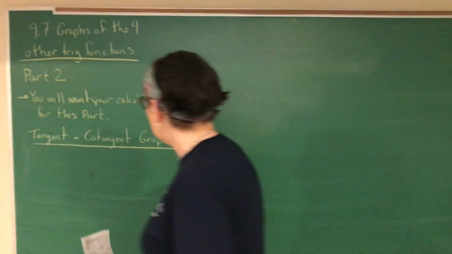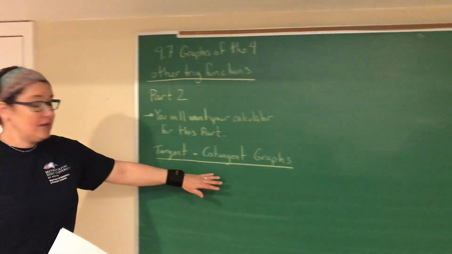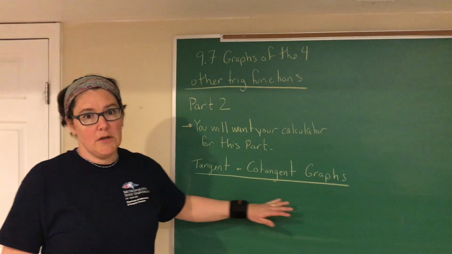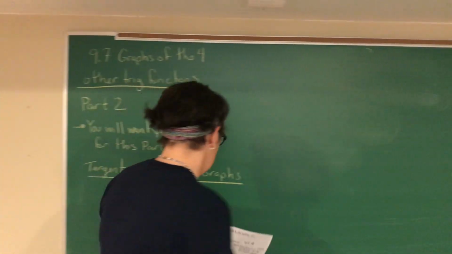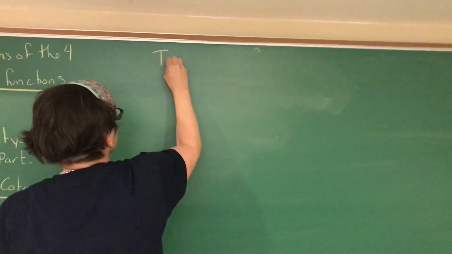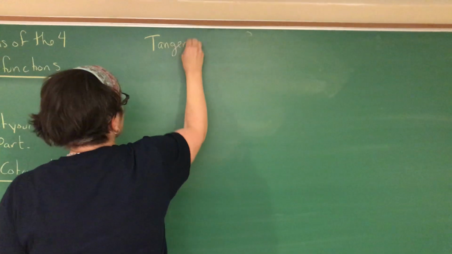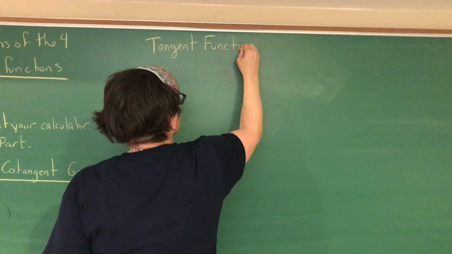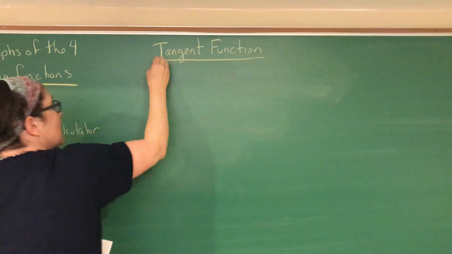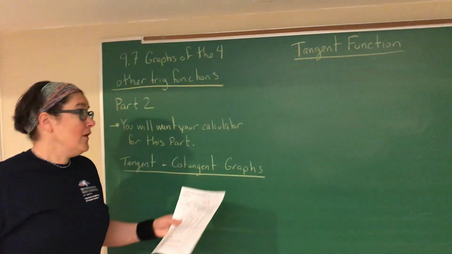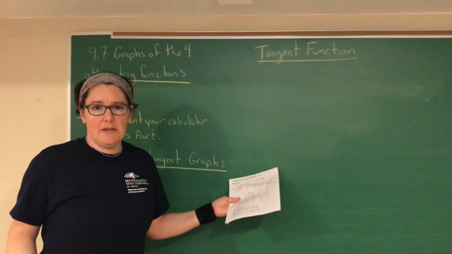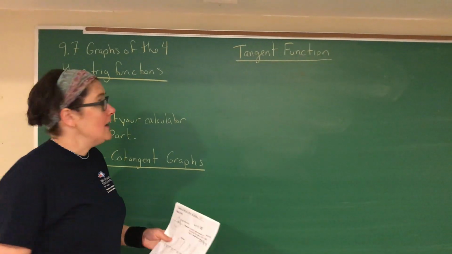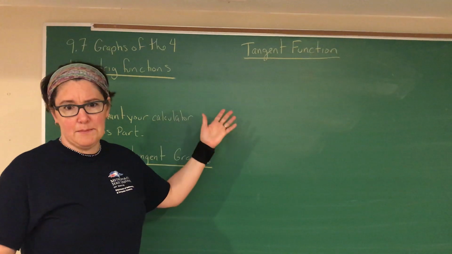Okay, so in this video, we're gonna talk about the tangent graph and the cotangent graph. So we'll start with the graph of the tangent function. Now, one thing you can do here is immediately go into your graphing calculator, use the Trig mode button, and graph this tangent function and get a picture of it.